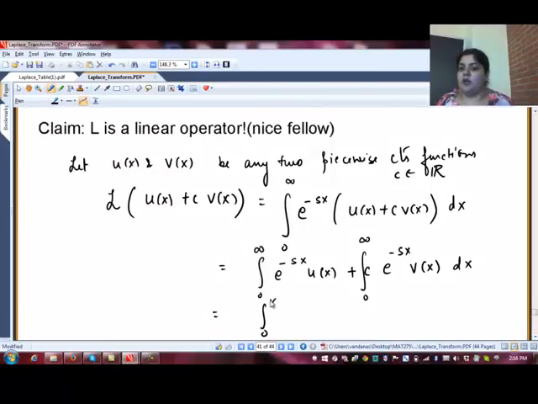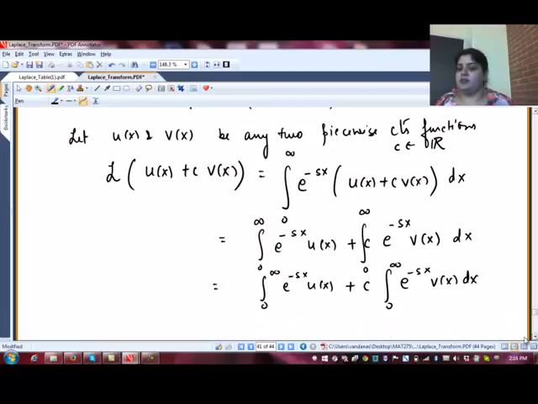So if you pull out the c, you will get what? What is inside these integrals? The product of the function, that's right, but what are these integrals? This whole thing is the Laplace transform of u(x) plus c times the Laplace transform of v(x).